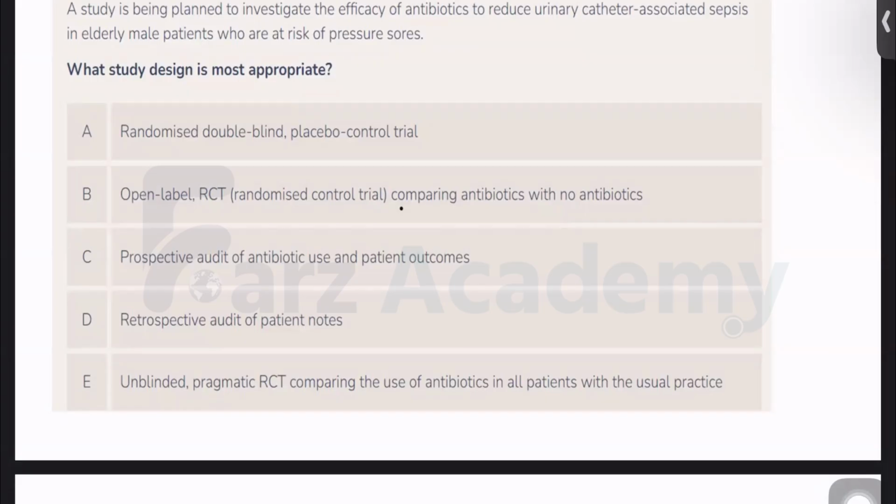Option C, randomized double-blind placebo trial. Very good. So that is the most common trial that is done. That is a clinical trial. In all your base studies, guidelines, whatever you are reading for any of the diseases, 99% of the trials are all double-blinded, randomized controlled trials.